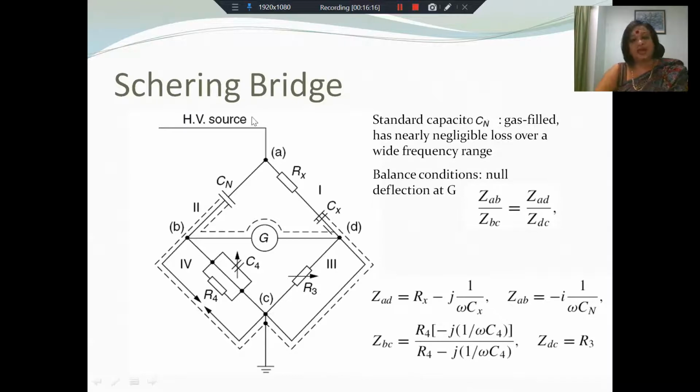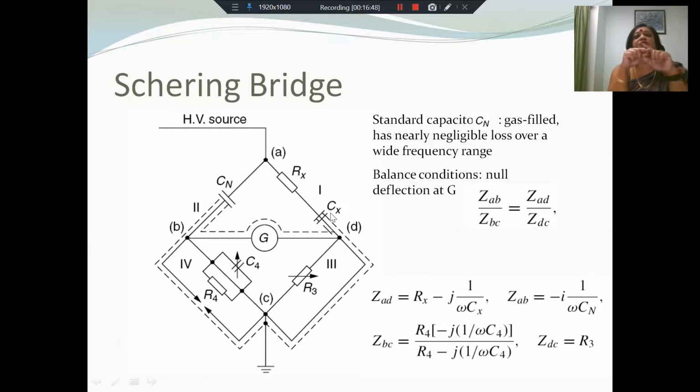To measure the dielectric dissipation factor, the simplest equipment, which has been used for decades, is the Schering bridge. This is the most common equipment used. It's a bridge circuit. You have a standard capacitor Cn, which is gas filled and has nearly negligible loss over a wide frequency range. Then you have R4 with an adjustable capacitance C4, an adjustable resistance R3, and RxCx is your test specimen.